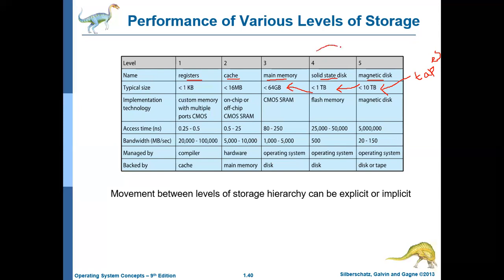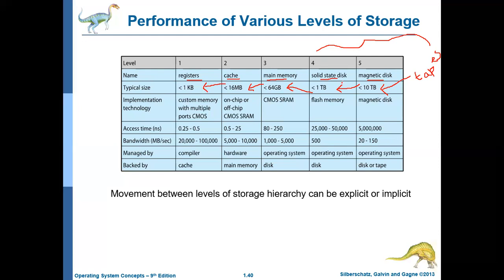All these are permanent storage devices, whereas starting from main memory, these are volatile. The more frequently used content from main memory will be copied to cache memory, and from cache memory, the most frequently used data will be copied to registers.